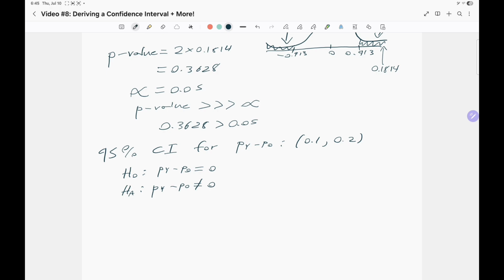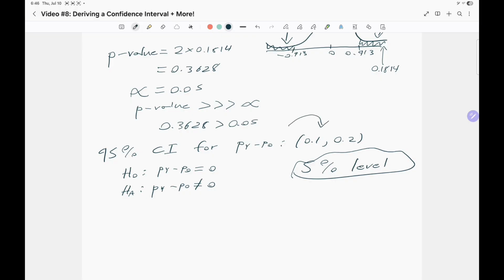Well, it would change because now we have enough evidence in favor of the alternative against the null hypothesis. Because we're still at the 5% level, and at that level we're 95% sure that we're within this interval.